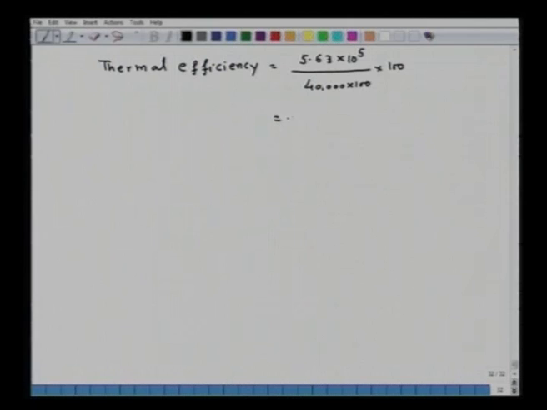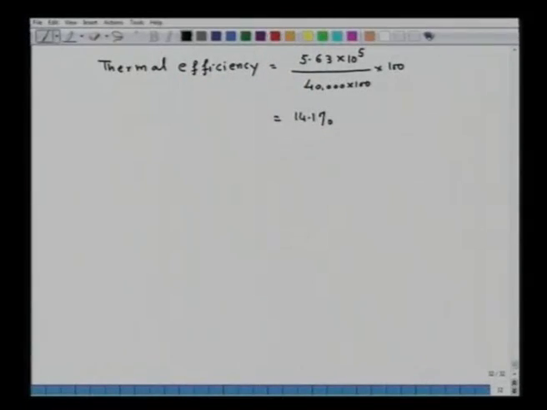So, that will be coming around 14.1%. So, you can see from here that only 14% of the heat which is supplied by the fuel is used to heat the product, and that is important.